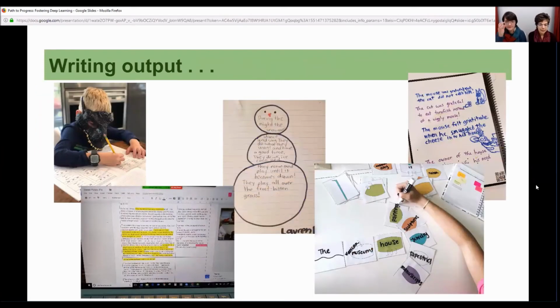So as it seems by now, we hardly need to talk about writing output, because what you saw was a lot of writing output. But it's so important to realize that writing is engagement. And actually, it's engagement of the highest form. It's the most difficult. I love the little boy who's doing his workbook work in his Halloween mask.